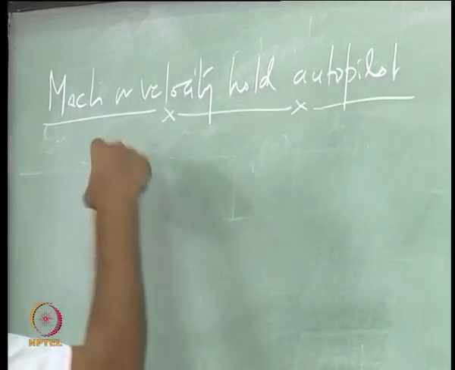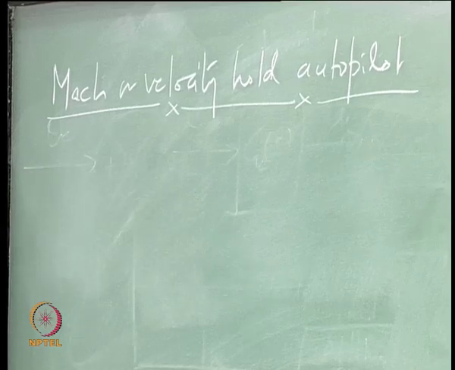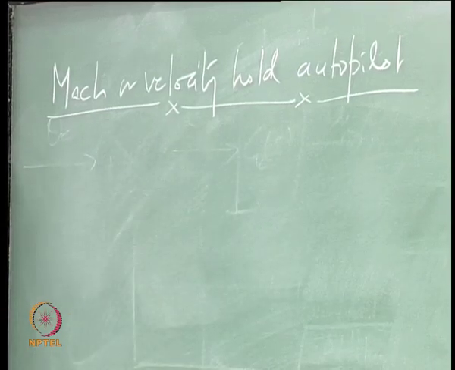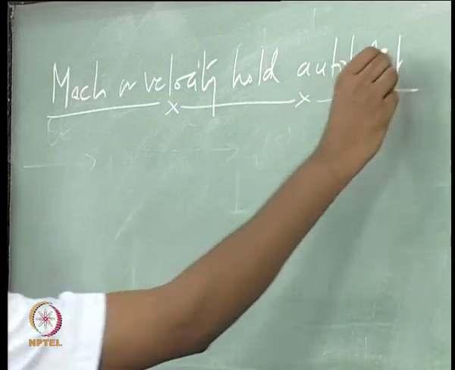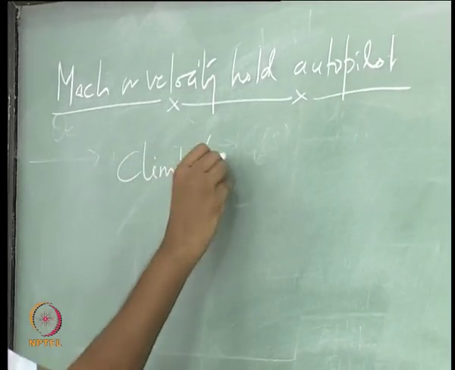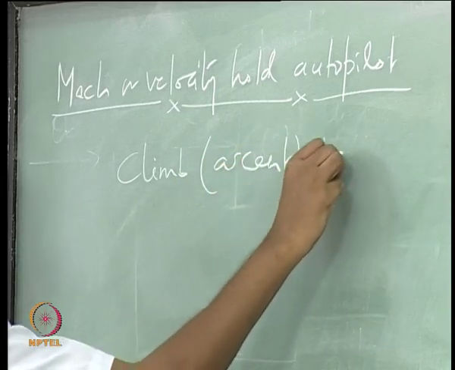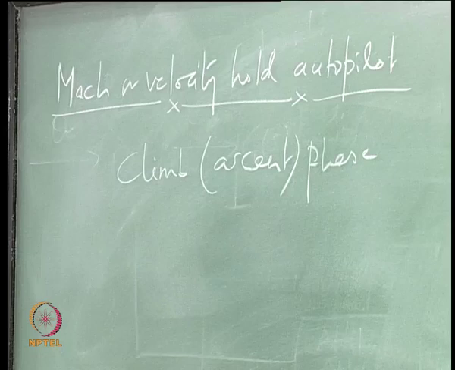The main function of Mach or velocity hold autopilot is to keep the velocity or Mach at constant value in climb or ascent phase.